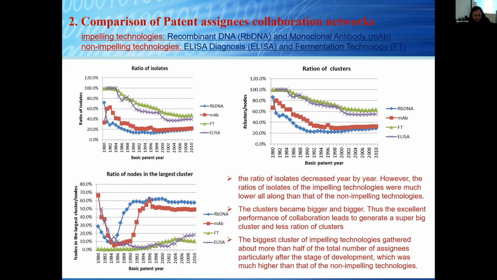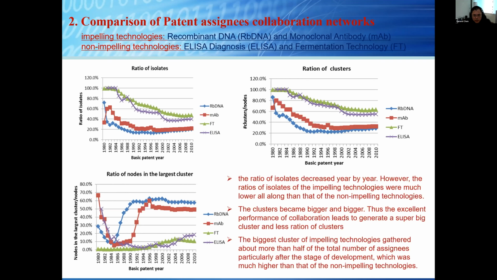There are also some other technologies, for example, fermentation technology. It's very popular for everybody. You eat bread, and that is the basic technology, fermentation technology. It's also important. There's also ELISA diagnosis technology, but this technology was popular for only a few years.